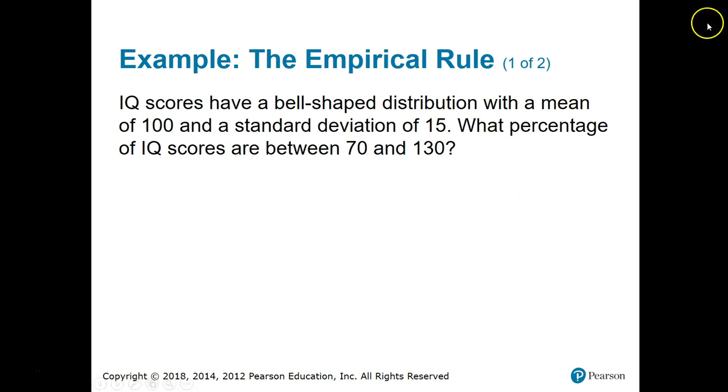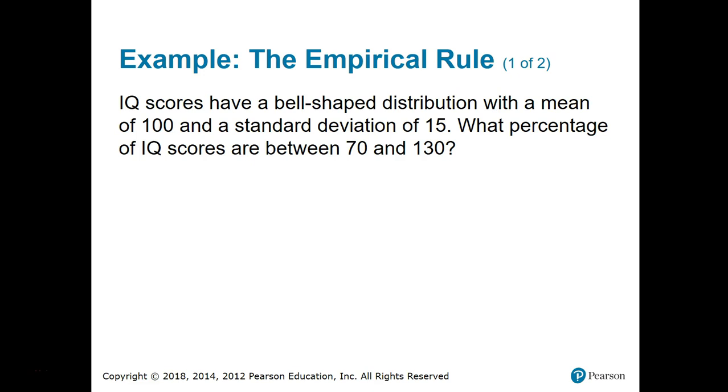All right, so let's look at this one. IQ scores have a bell-shaped distribution with a mean of 100 and a standard deviation of 15. What percentage of IQ scores are between 70 and 130? Well, we have a difference from the mean to the maximum of 2s and a difference from the minimum to the mean of 2s.